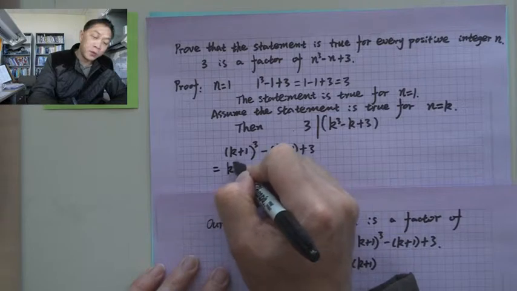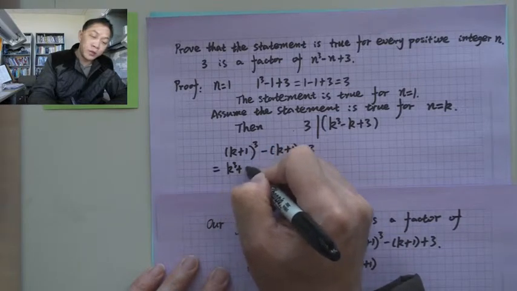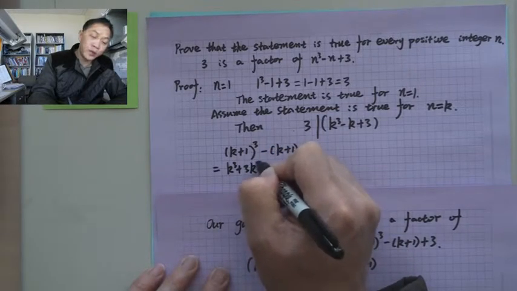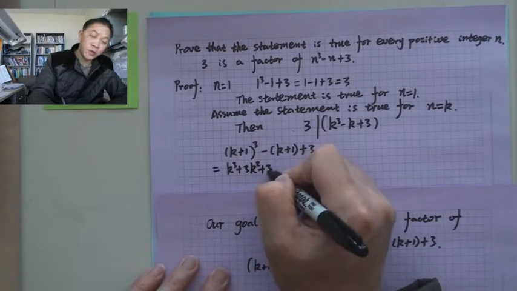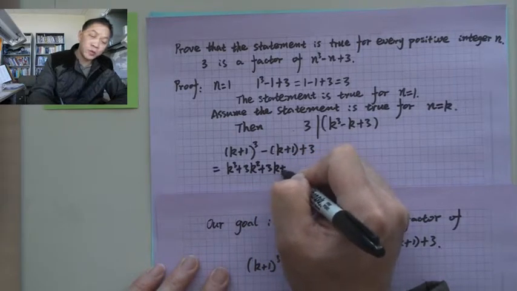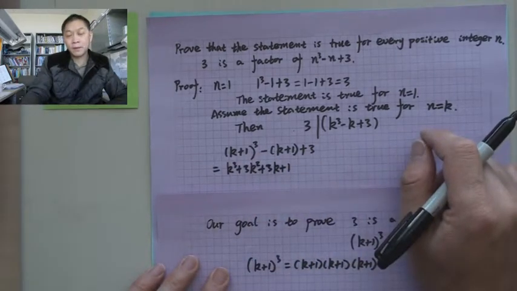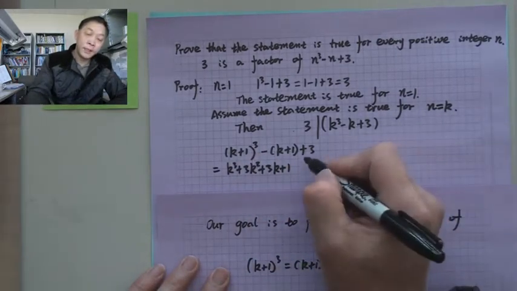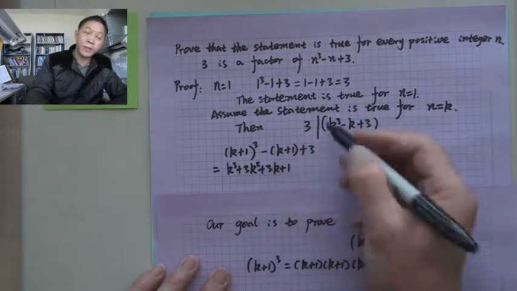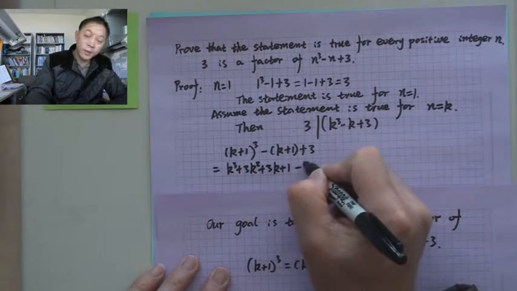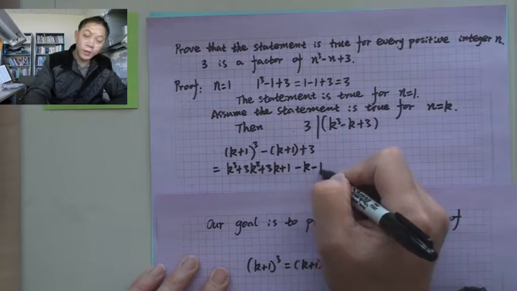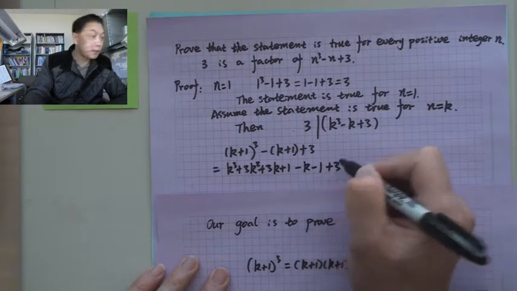That's k cubed plus 3k squared plus 3k plus 1, from the first part. And then minus k plus 1 is minus k minus 1, plus 3.